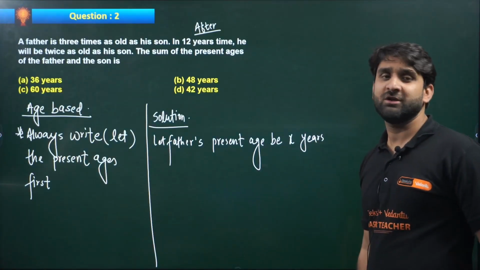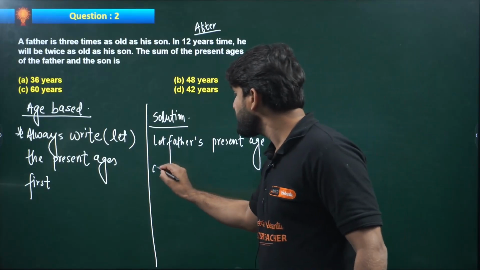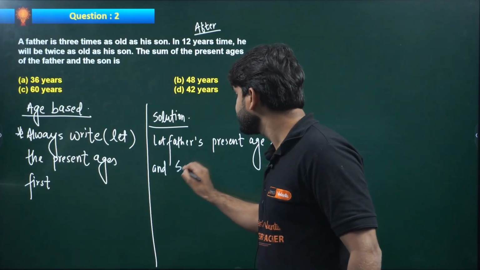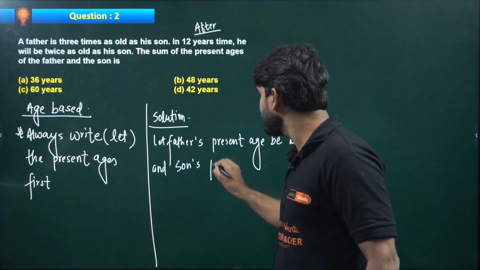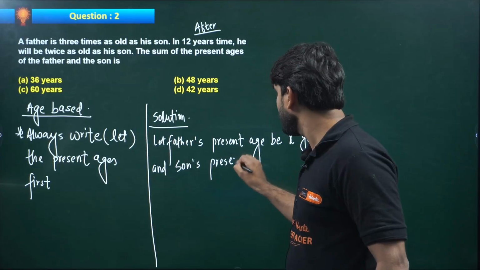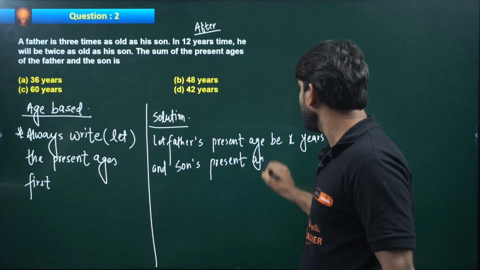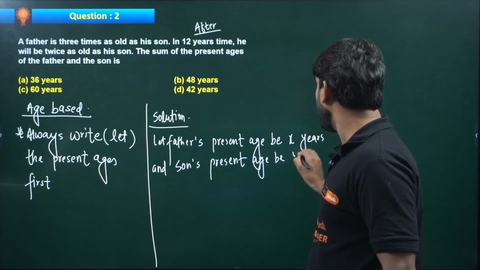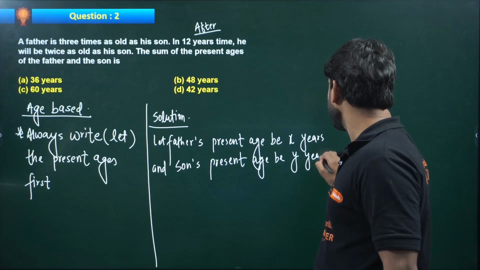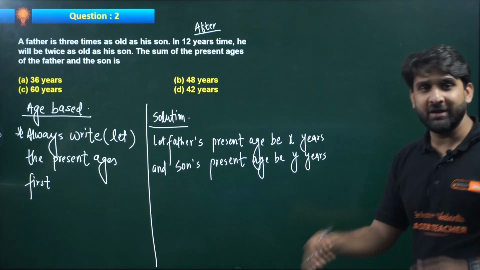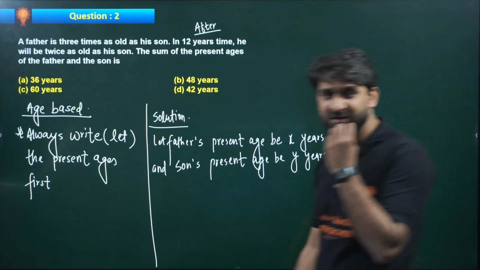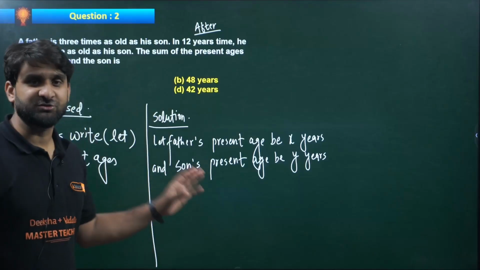Let father's present age be x years and son's present age be y years. So we have assumed x and y. x is for father's present age and y is for son's present age.